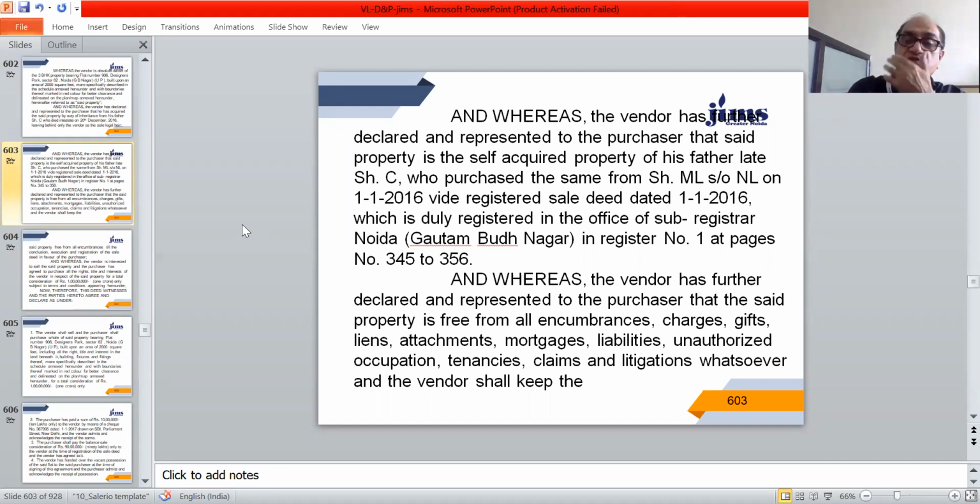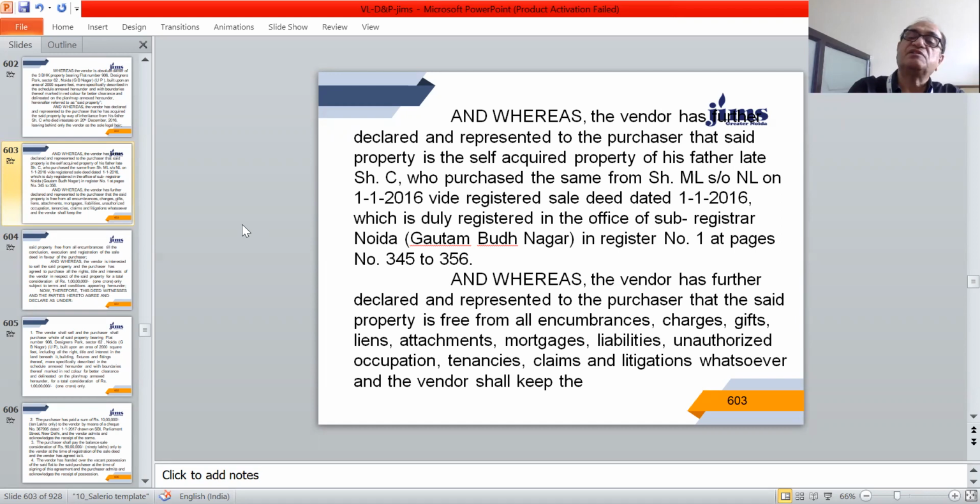So this paragraph also reflects the history as to how the vendor is the absolute owner of the property. In one of the paragraphs, we have mentioned that vendor inherited this property from his father C. And in this paragraph, we have declared the history that the father of the vendor, C, purchased this property from Shri ML, son of NL.